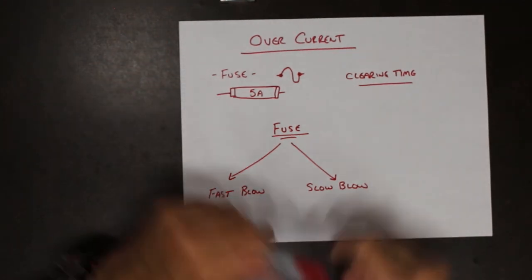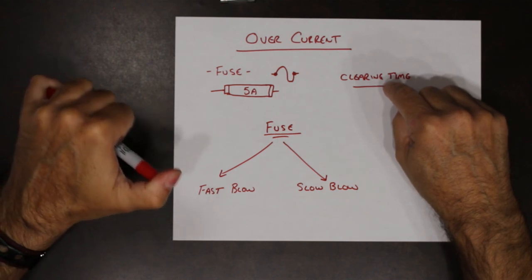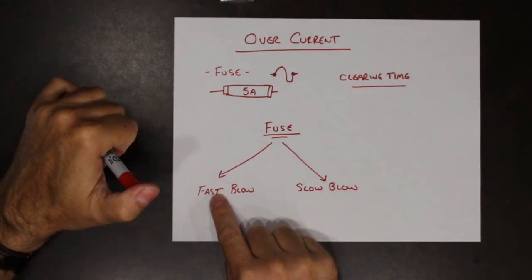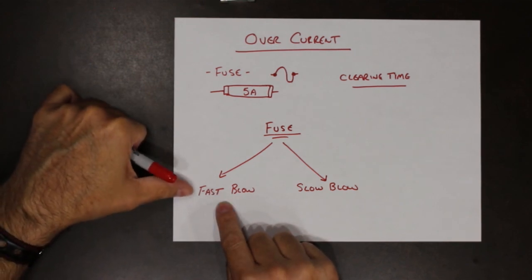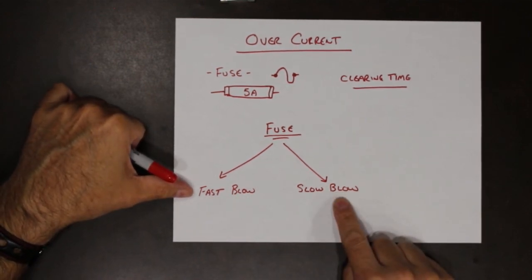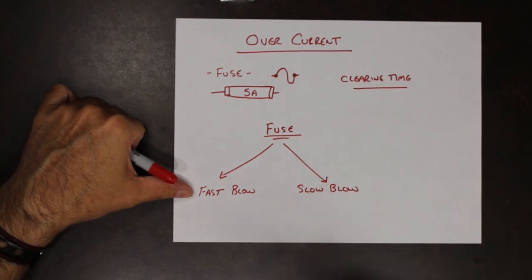What it comes down to is clearing time. A fast blow fuse will blow faster than a slow blow fuse given the same current input.